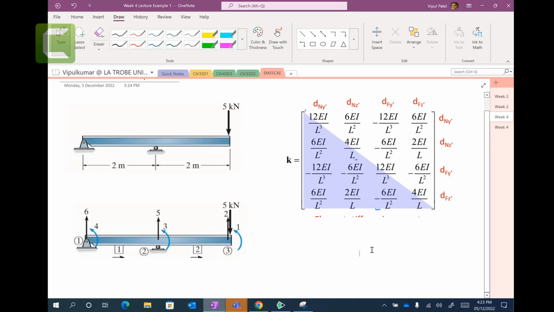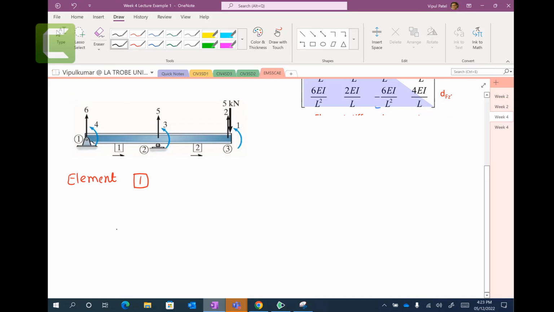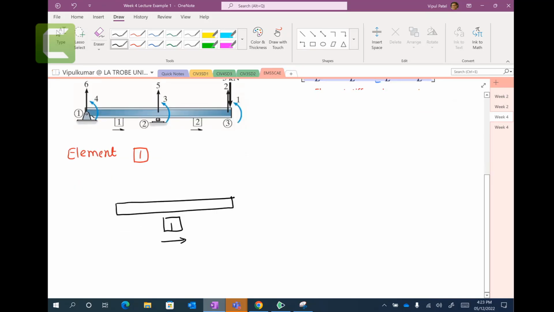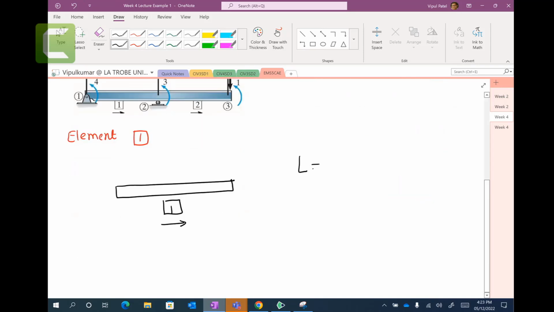All right, so we need to calculate. Let's say we will get element 1, and let's draw element number 1. Location vectors are given here. Length of the element is 2 meters, length L equal to 2 meters.